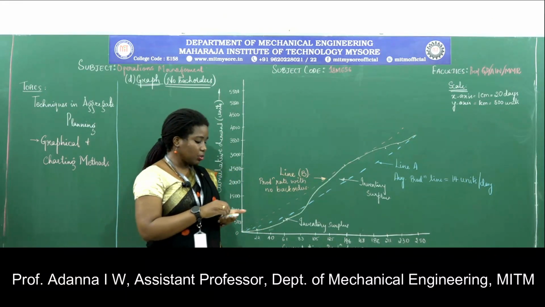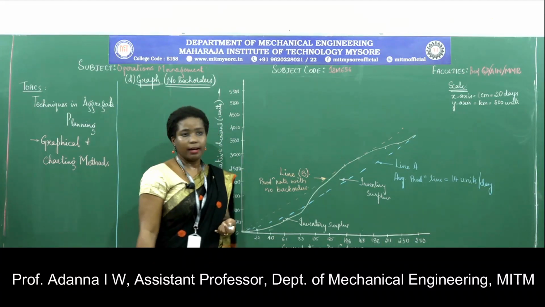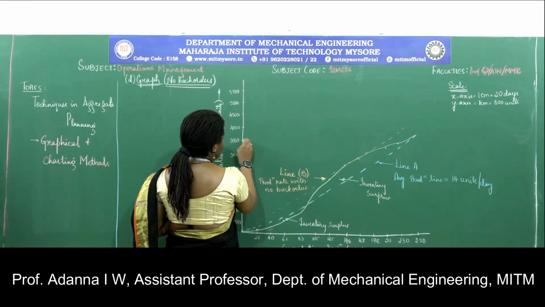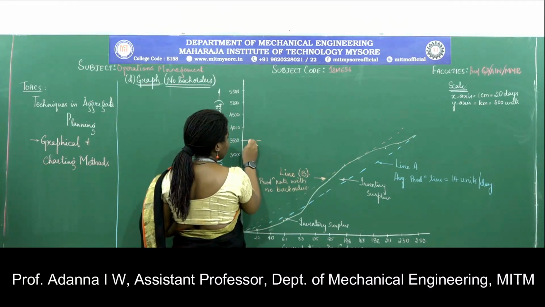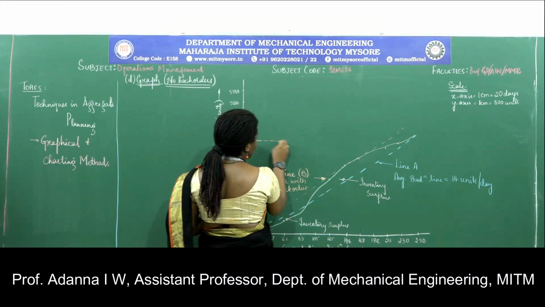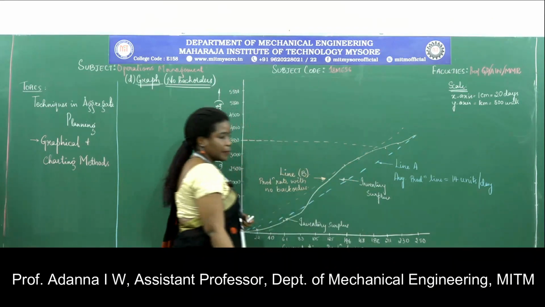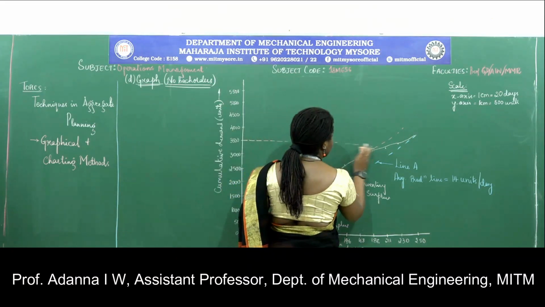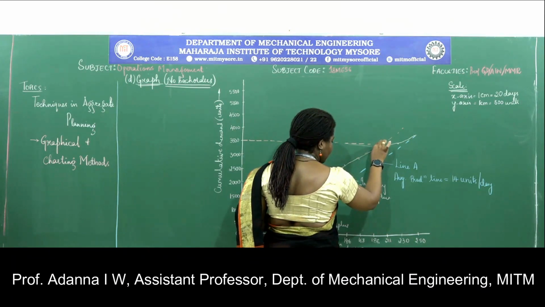Now, how do we find out the production rate at this point? We know that the maximum cumulative demand that we have here is 3,500. So find the slope of this line. How do you do that? From 3,500, just draw a horizontal line to a point where it meets this line, the line that we're referring to.